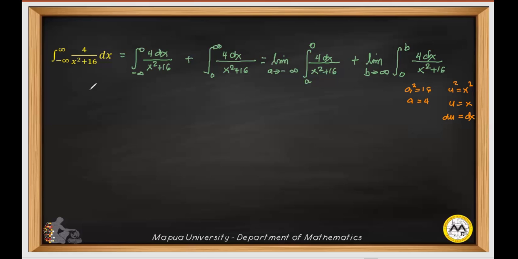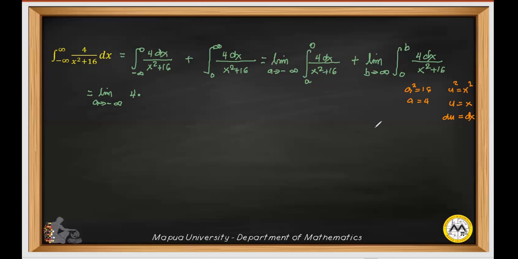Hence, we can write this as the limit as a approaches negative infinity of 4 times the integral of dx over x squared plus 16, which is exactly in the form of the integral of du over u squared plus a squared.